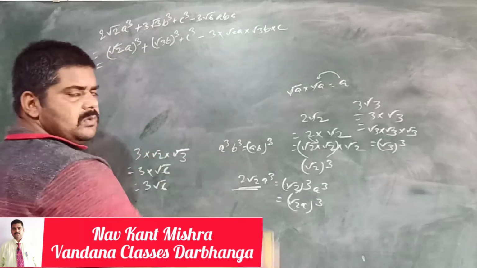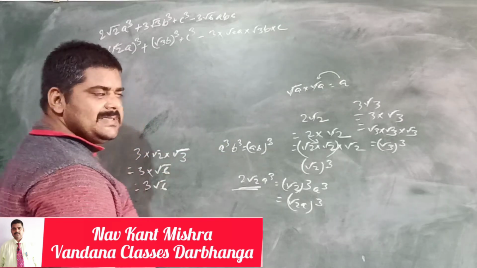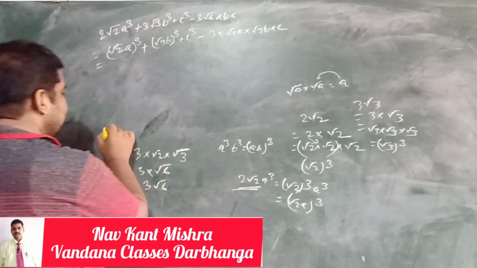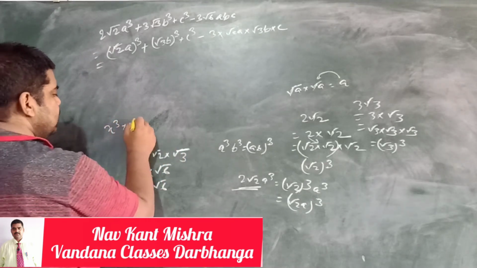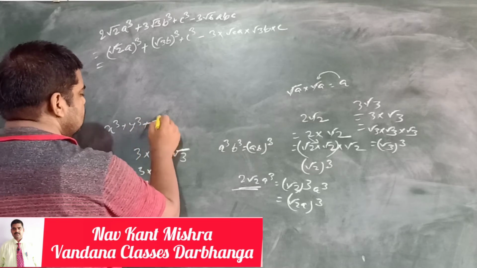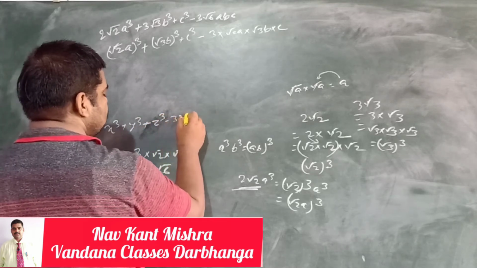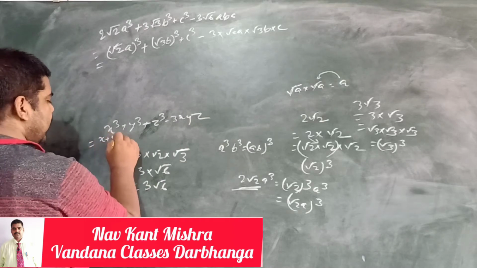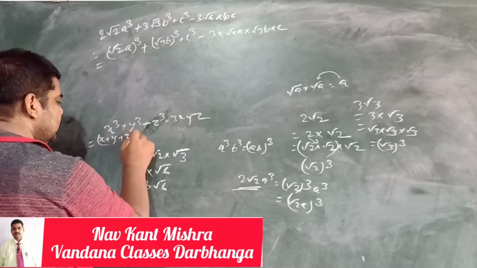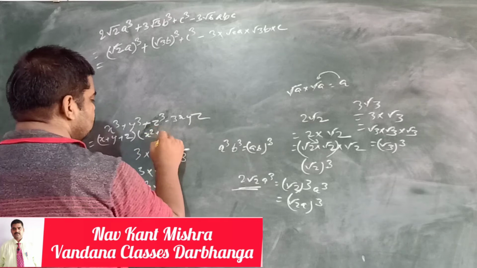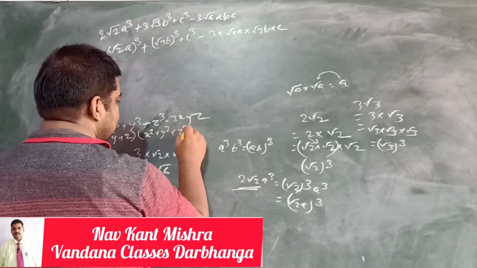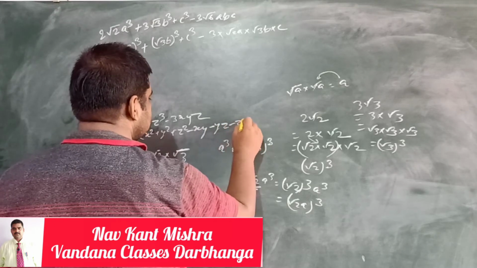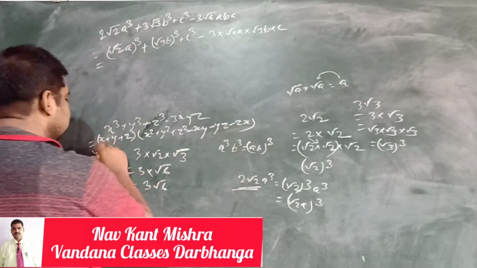Now the question is in process, and now you can apply the identity x cube plus y cube plus z cube minus 3xyz, and you know very well that it is equal to x plus y plus z into x square plus y square plus z square minus xy minus yz minus zx, very easily.